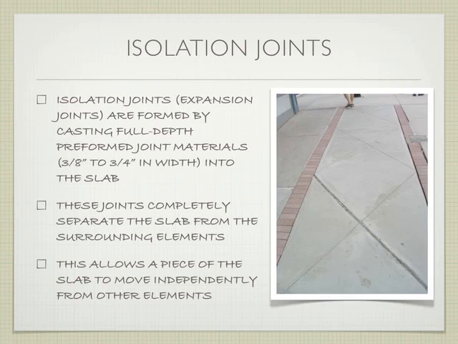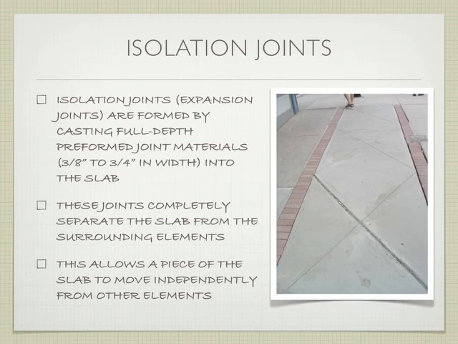Certainly if we were doing a parking garage, where we have a really broad area of slab, we need the slab to be broken down into sections so that they can move somewhat independently. Likewise, how many people live in an apartment building that has a parking structure below it, or some kind of multi-story parking structure?